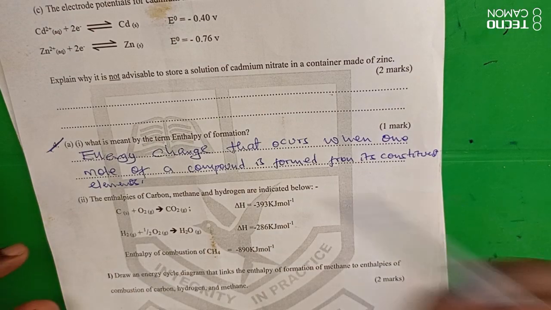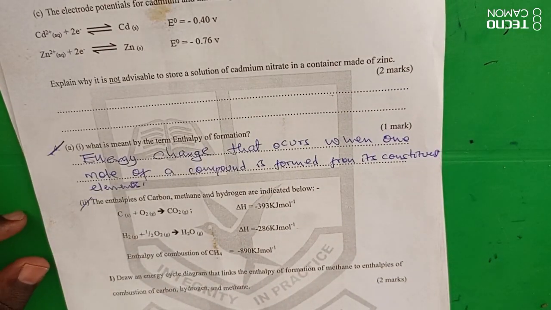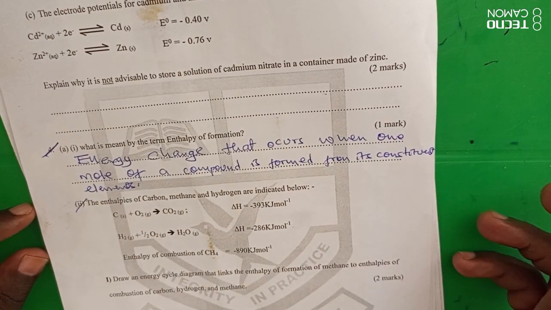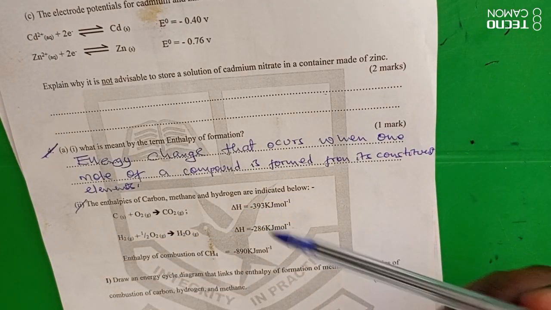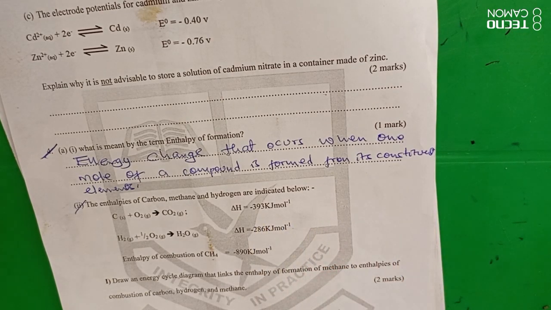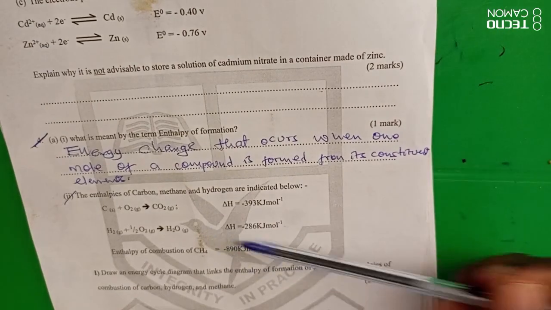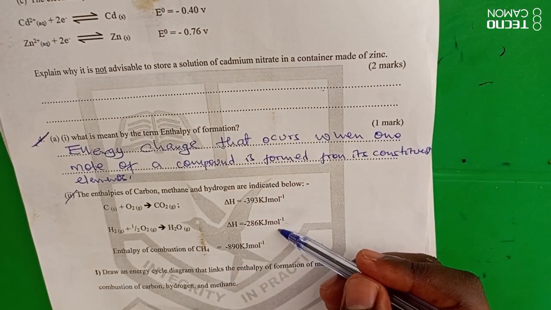Roman 2 reads, the enthalpies of carbon, methane and hydrogen are indicated as below. As you can see, carbon burns in oxygen and the enthalpy of combustion is -393 kilojoules per mole. Hydrogen burns in oxygen to produce water, enthalpy change is -286 kilojoules per mole.